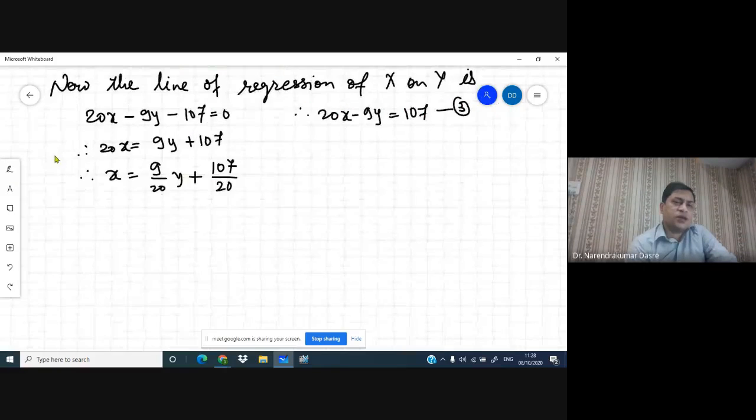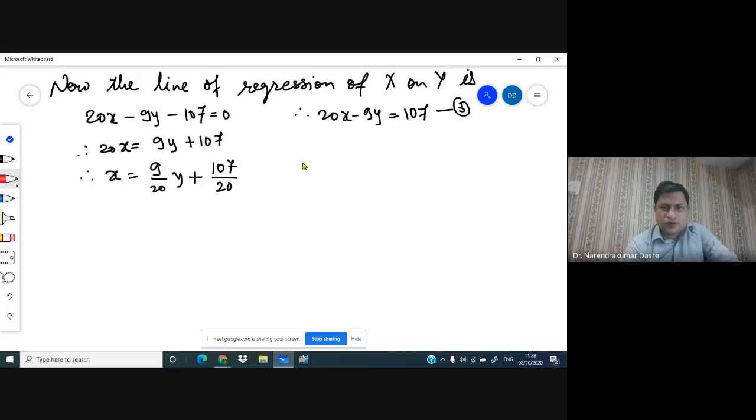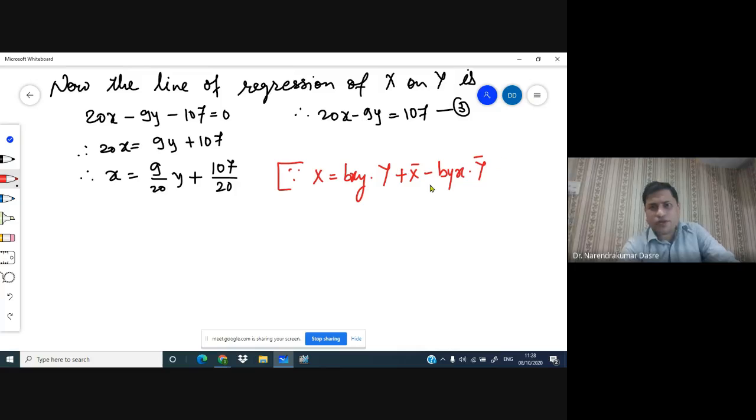And using this, what is the line of regression? So we have x is equal to bxy into y plus x bar minus bxy into y bar.